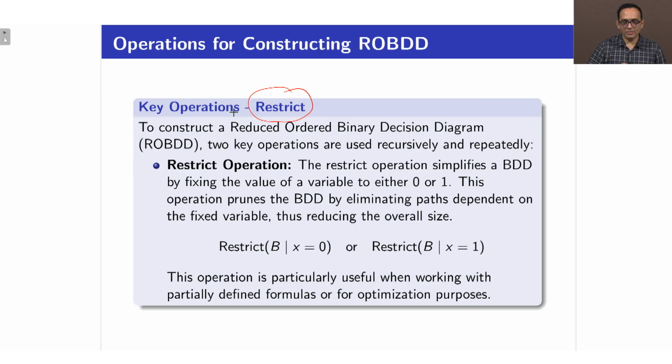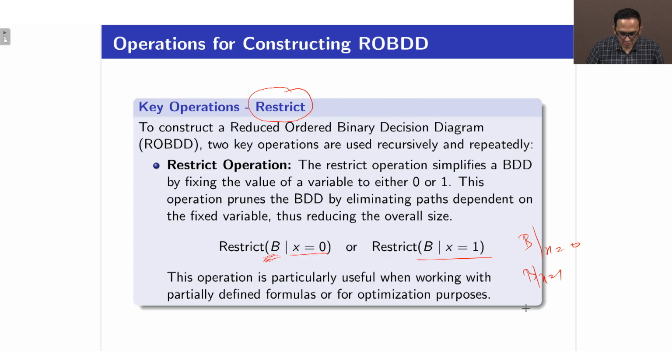Think about a BDD B which has variables x, y and z, and I want to restrict that BDD with x equal to 0. I will write B where x equal to 0, and see what the resultant BDD is. Similarly, if I want to restrict the BDD B with x equal to 1, I will write it like this.